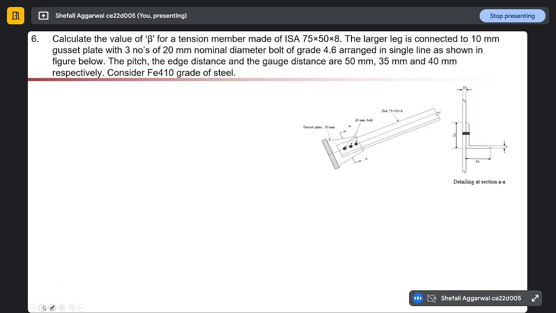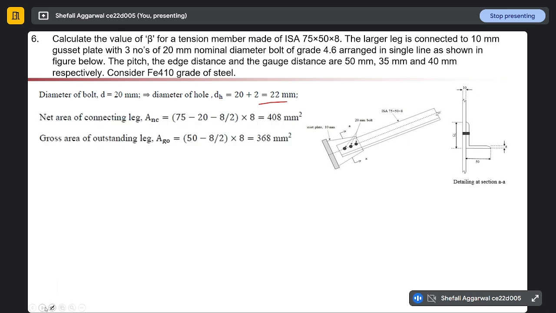So how will we calculate? We have a direct formula of beta. Remember? Just give me a minute. Okay. So what is given to us? Diameter of bolt 20 mm. So diameter of hole will be d plus 2, 22 mm, same as we have seen in the previous example.